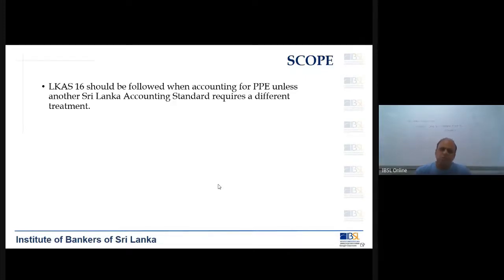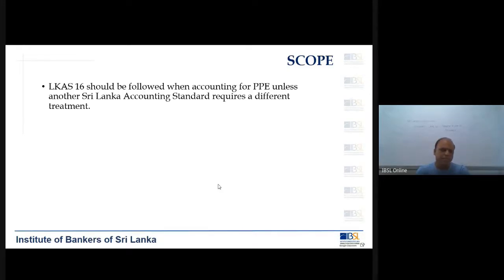This statement is very important. As I told you, there are various types of fixed assets. If there is a fixed asset for which there is a separate accounting standard, then you should not use LKAS 16 for that purpose.